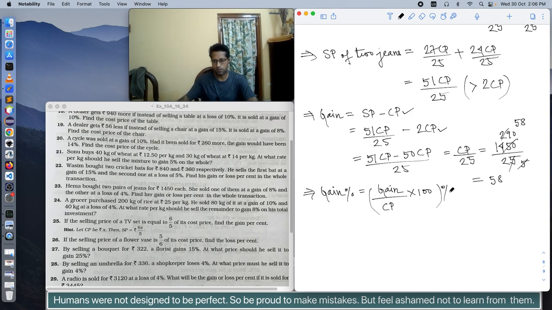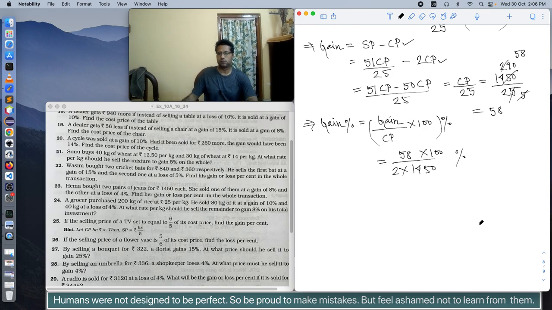This is equal to 58 multiplied by 100 over 2 into 1450. 2 into 145 is 2900.